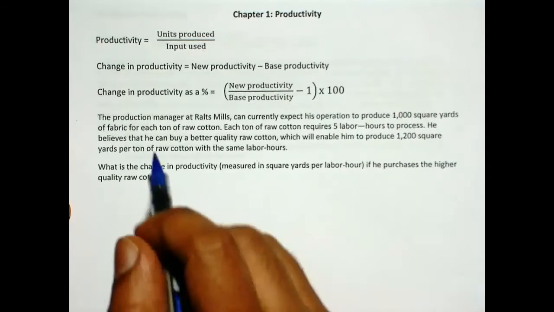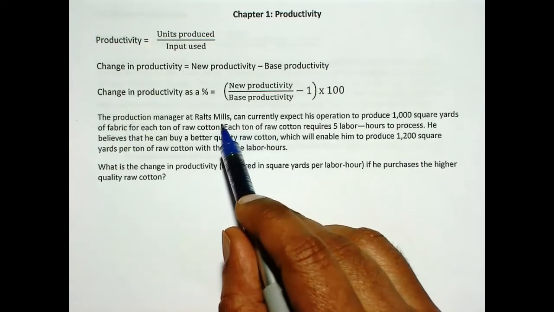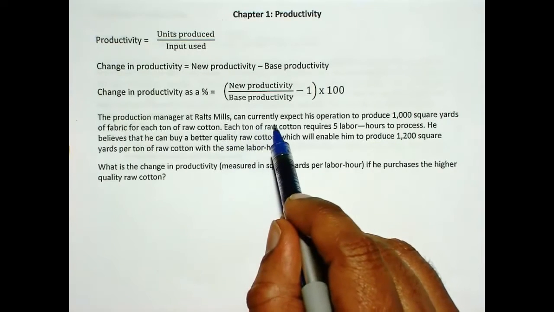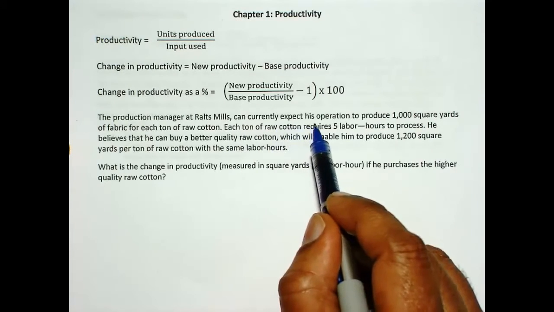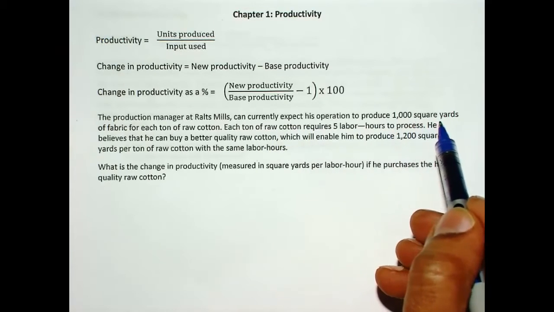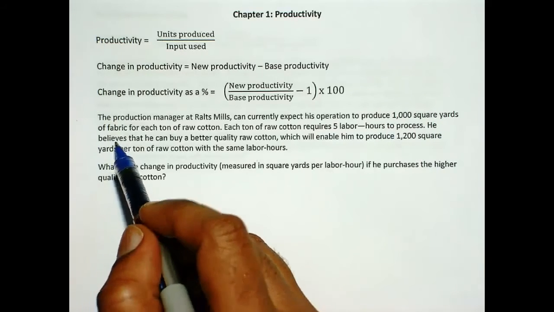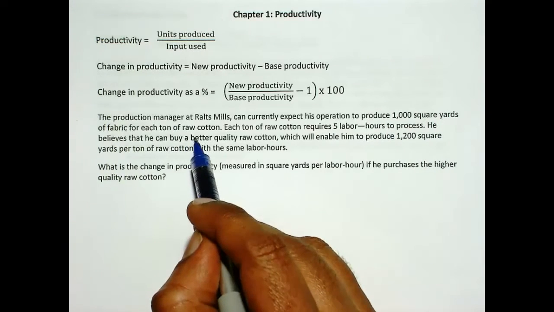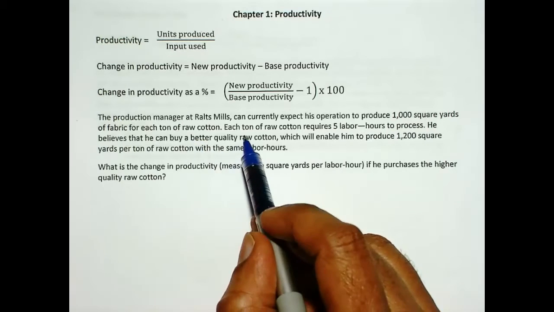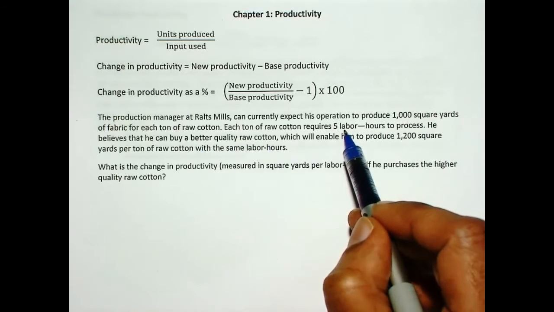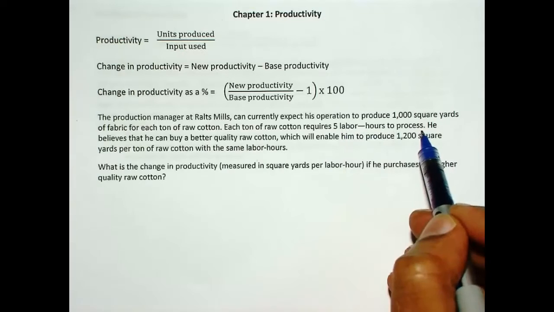Now in this problem, we have a production manager of a company that can currently expect to produce 1,000 square yards of fabric from each ton of raw cotton. Each ton of raw cotton requires 5 labor hours to process.